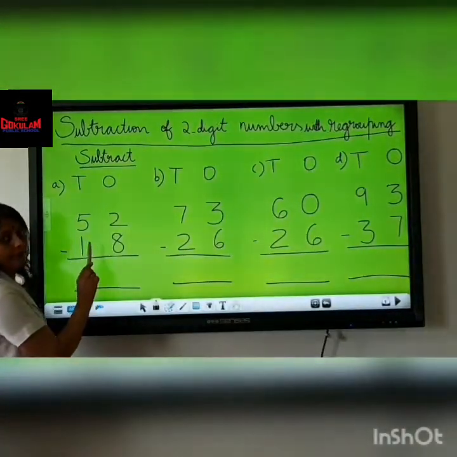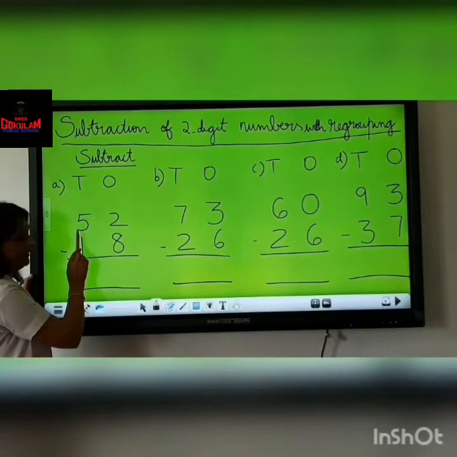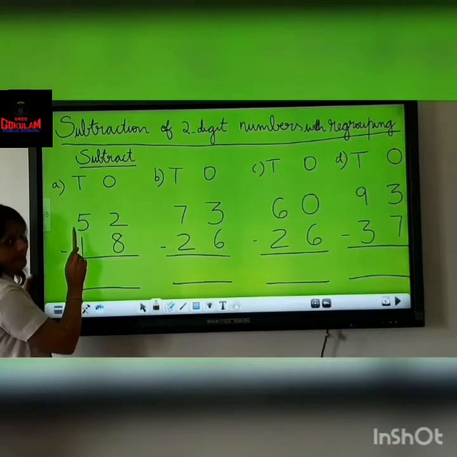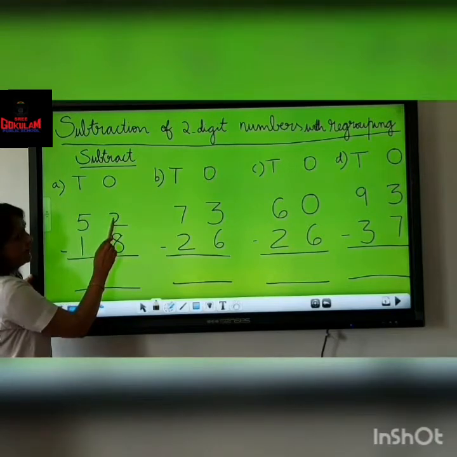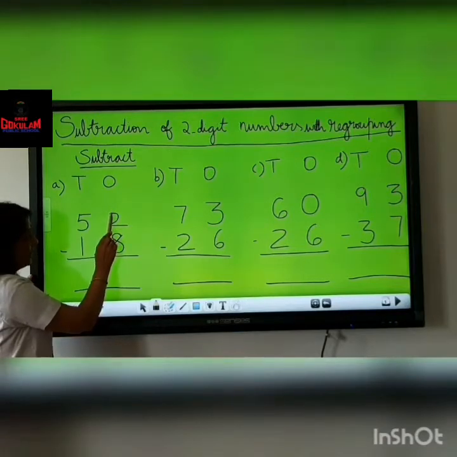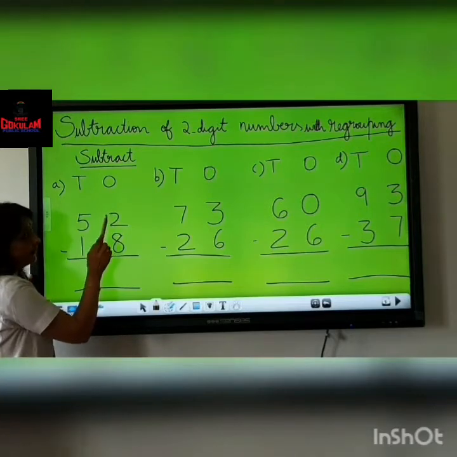No. So, we will borrow 1 ten from the tens place. 1 ten means 10 ones. So, we are borrowing 1 ten from the tens place to the ones place. When we borrow 1 ten, there will be 10 ones plus this 2 ones. 10 plus 2 is 12.